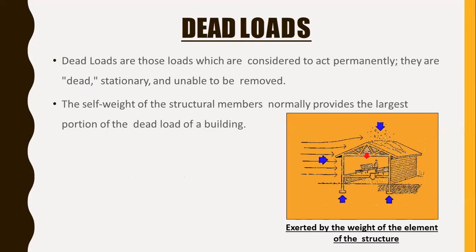Now, dead loads are those loads which are considered to act permanently. They are dead, stationary, and unable to be removed. The self weight of the structural members normally provides the largest portion of the dead load of the building. As you can see in the previous figure, this is the main reason.